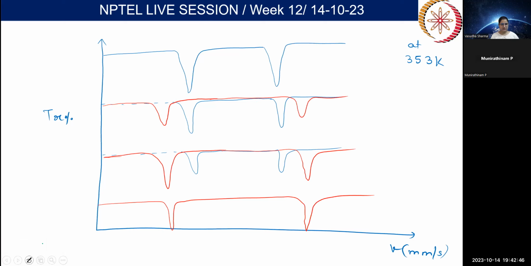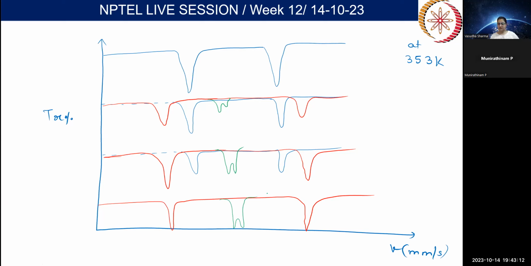In addition, we have a small peak here, and ultimately it is equal intensity.